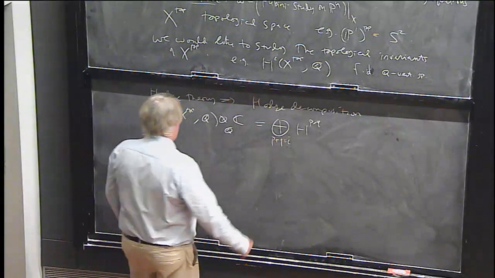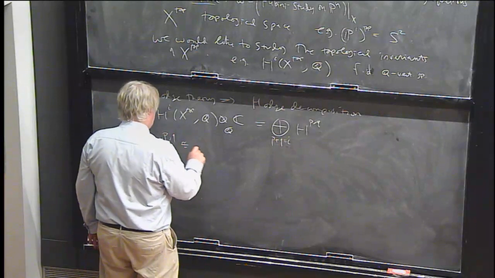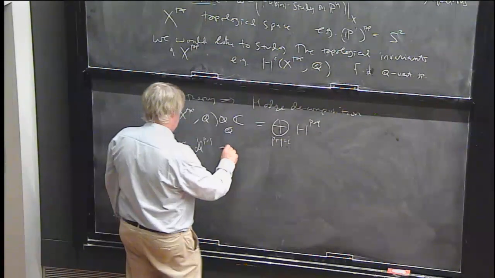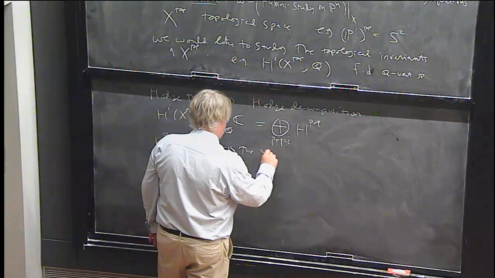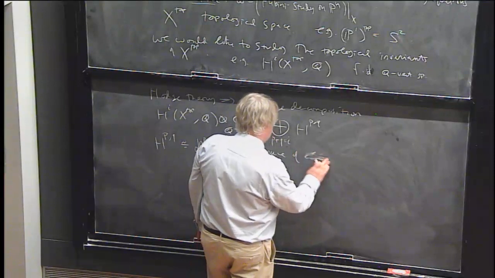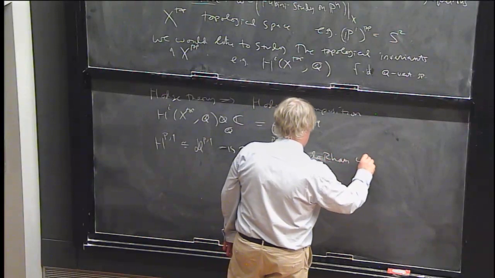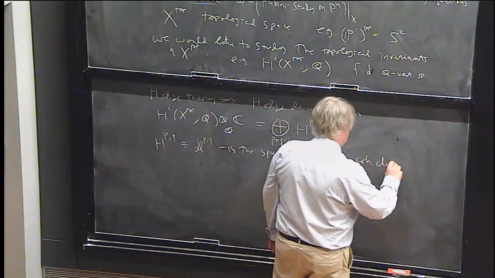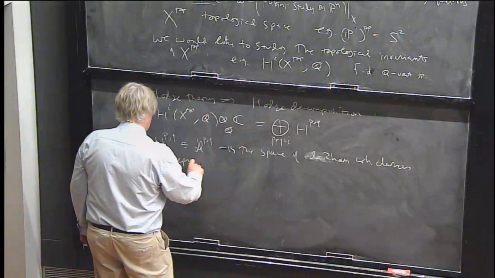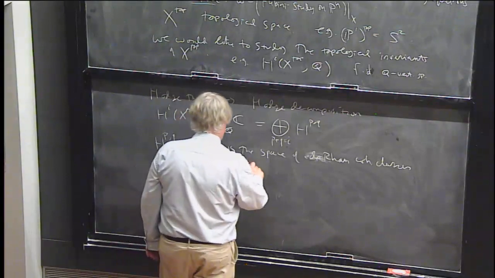And what's H^{p,q}? H^{p,q} is isomorphic to what I'll call script H^{p,q}, the space of de Rham cohomology classes that are represented by harmonic forms.